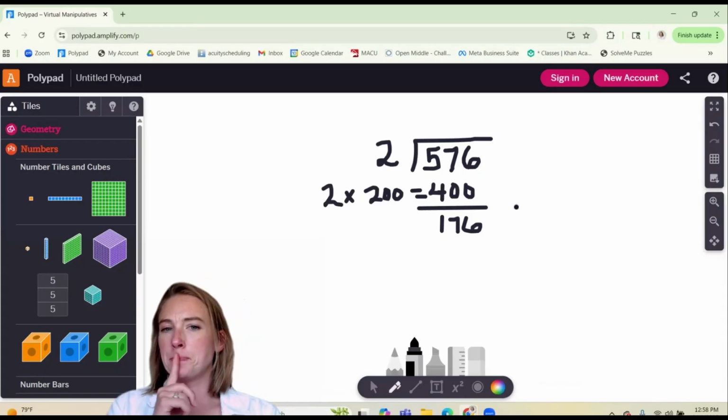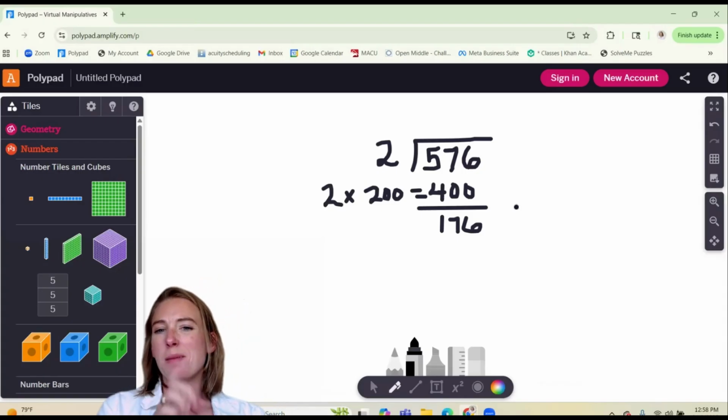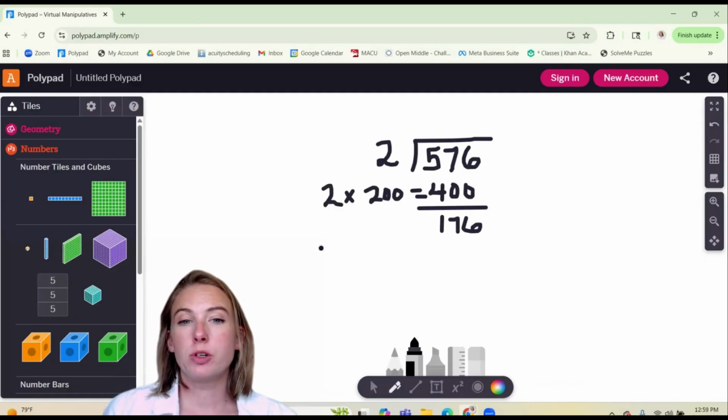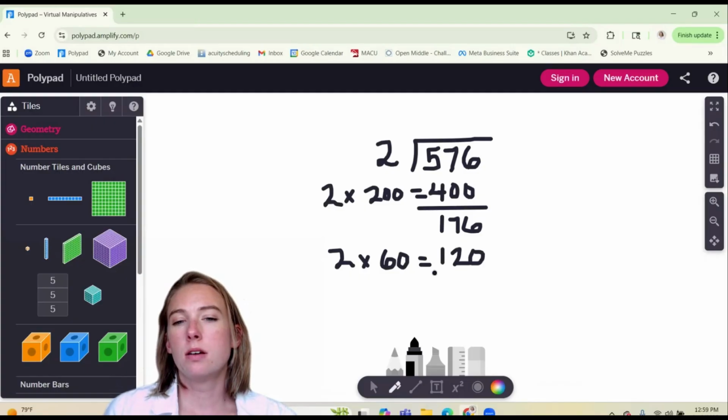Now I'm thinking, 2 times what could get me pretty close to 176? I know that 2 times 60 would be 120. I'm going to try that. I'm going to take 120 away and see how close it gets me.